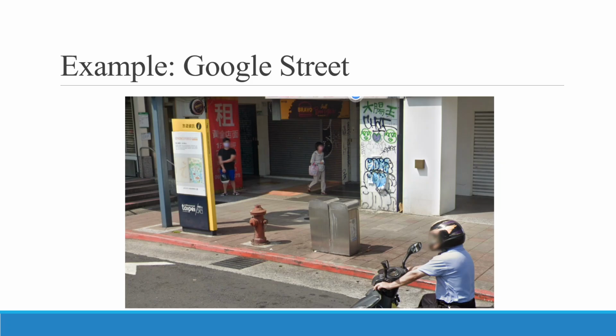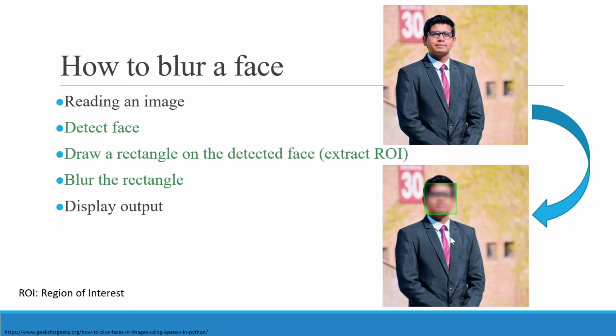In Google Street View, the system will do face blurring for humans, so I want to introduce the basics of how to blur a face.